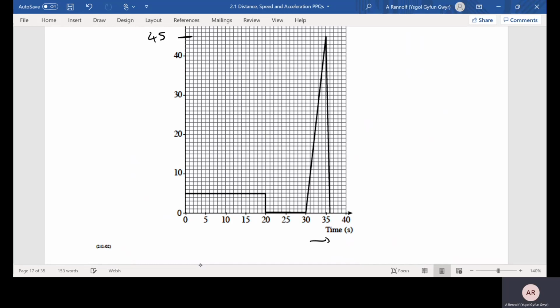So again, using our equation for a triangle, our base there, our side, is 6. The height of the triangle is 45.